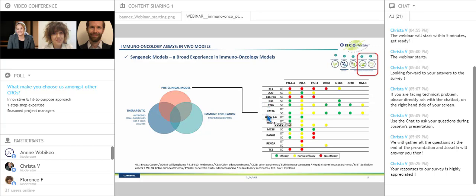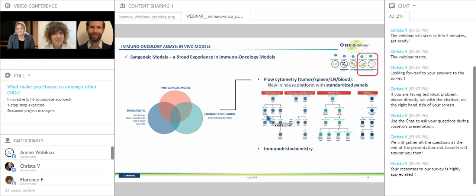A second part of every preclinical model is how to assess the immune population. Internally, we have quite a good experience doing that by flow cytometry. We have developed an in-house platform with new standardized panels, and we developed four on syngeneic models: one for T, NK, and B cells, another panel for T cells more dedicated to checkpoint inhibitors, another panel dedicated to MDSCs and dendritic cells, and the last one for tumor-associated macrophages.